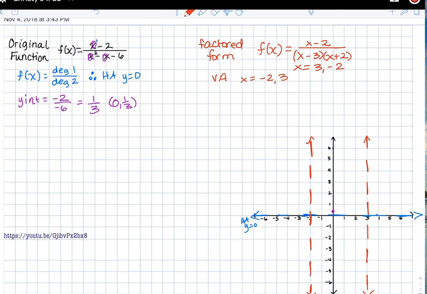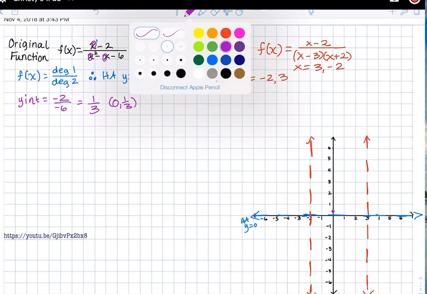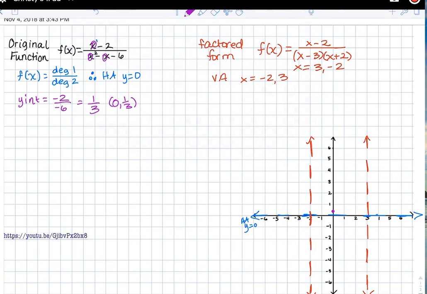But let's take a look at one other thing. We've found the horizontal and vertical asymptotes and the y-intercept. Let's take a look at the x-intercept. I know that we've denied the x-axis completely, but I think an x-intercept exists right here, because the x-intercept is the 0 of your numerator, when your y equals 0.